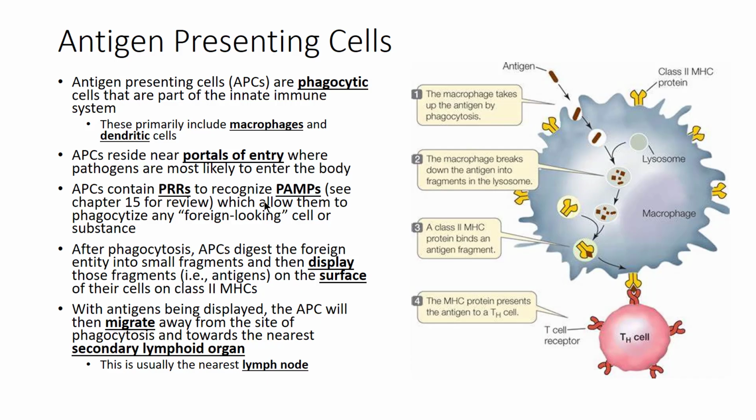But the non-specific response transitions into the specific response, in which antigen-presenting cells gobble up general foreign pathogens and then display the specific parts of the pathogen on the outside of the cell. Now, this figure makes it look like only one part of the antigen is being displayed, or one part of the microbe. But in reality, lots of parts, each one of these receptors could contain a different piece of the microbe.